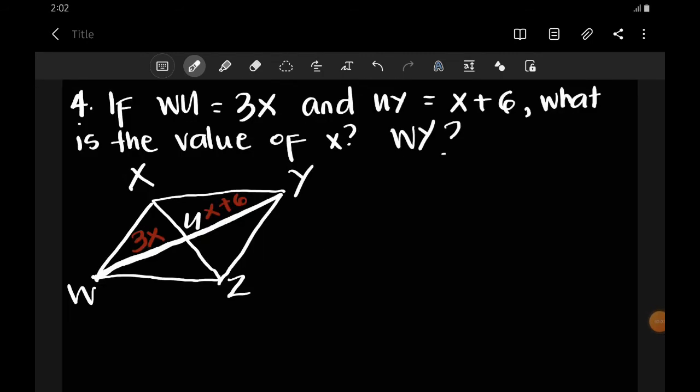If WU is equal to 3x and UY is equal to x plus 6, what is the value of x and the value of W and Y? So since we are talking about diagonals here, we have two diagonals intersect at point U, meaning we are going to use the property diagonals bisect each other.